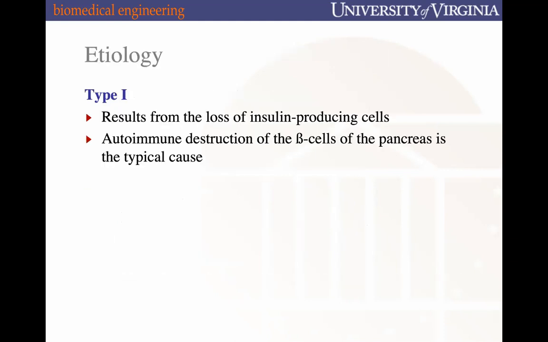All right. So for the cause, as many of you probably know, there are different types of diabetes. Type 1, which is historically dubbed juvenile diabetes, results from the loss of the insulin-producing cells, the beta cells within the pancreas, and it's actually due to autoimmune destruction of the beta cells in the pancreas.